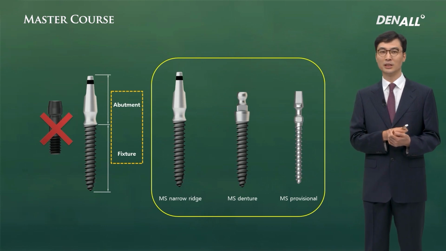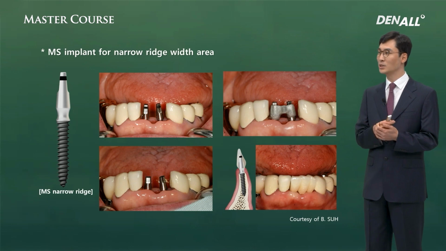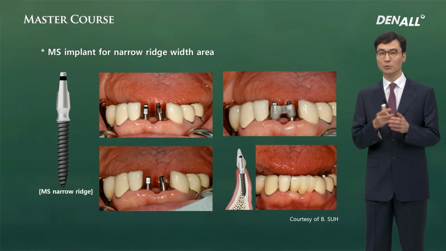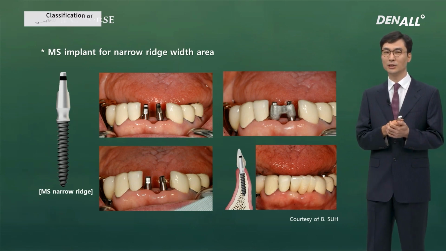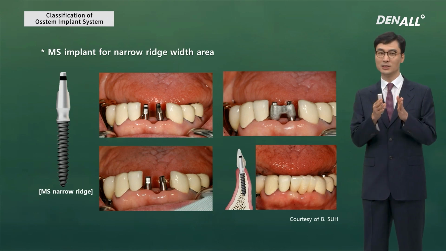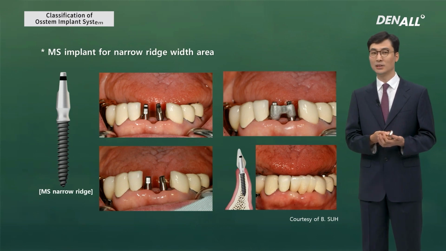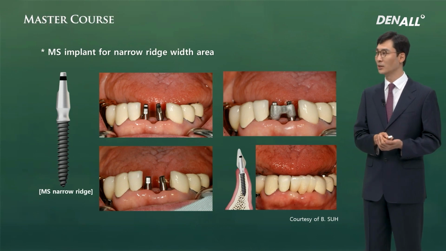MS implants for narrow ridges are used in narrow ridges like the lower anterior or upper lateral regions. A thin implant is placed in the narrow ridge. For the final prosthesis, it can be used as an abutment.